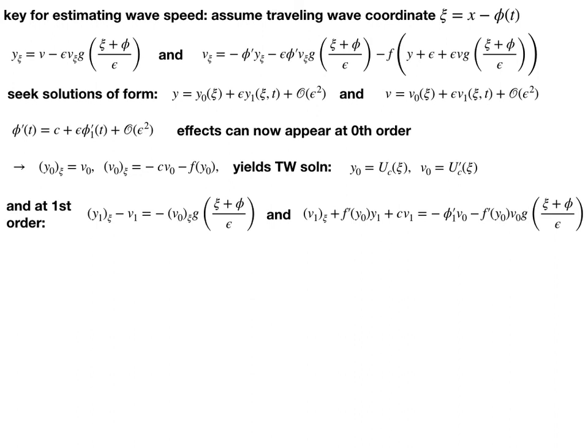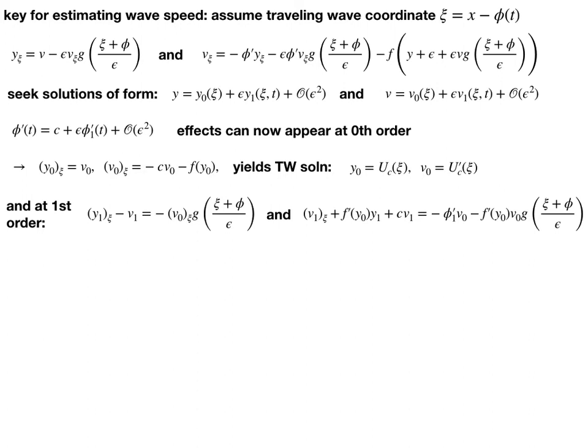Okay. Now, at first order, we have this equation for y1 and v1 that involves these inhomogeneous right-hand sides. Okay. And I guess if you've managed to get through two-thirds of an asymptotics course, I would hope that one thing that eventually pops into your mind is that this is set up well to apply the Fredholm alternative, right?